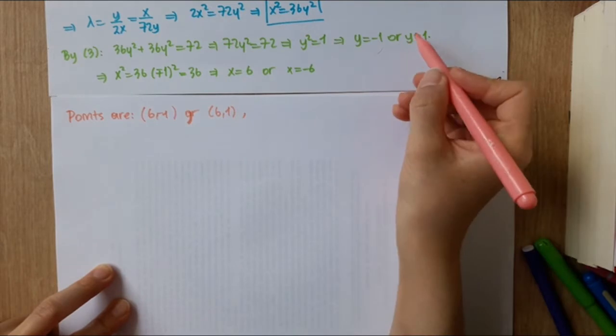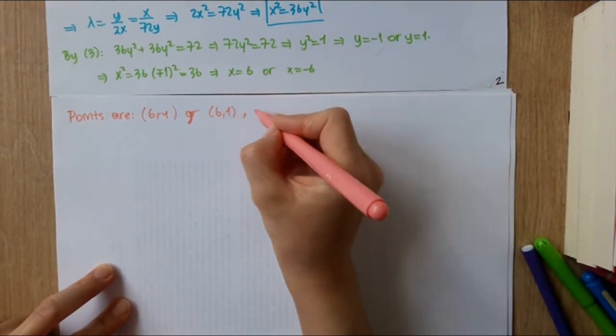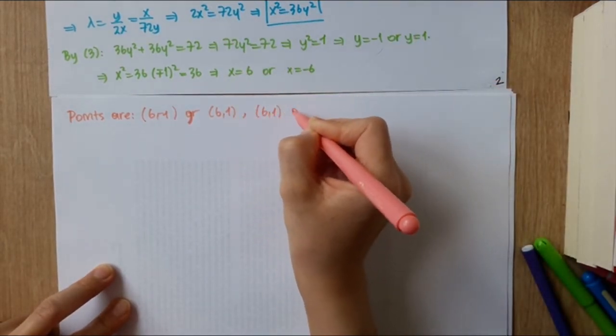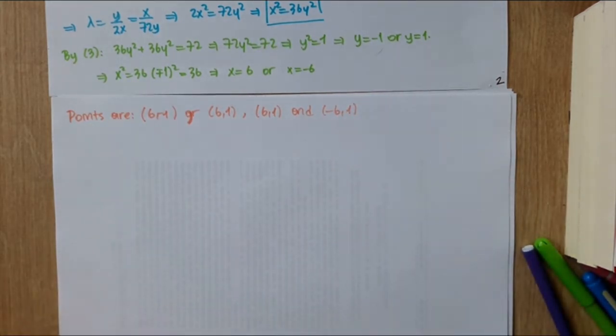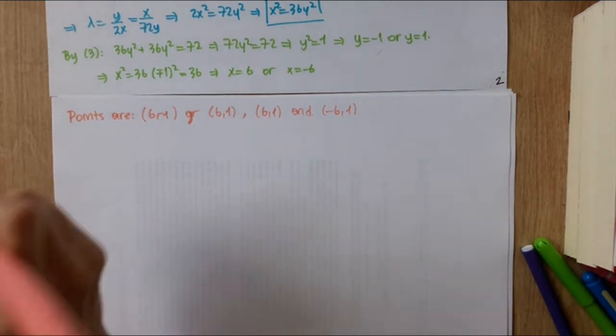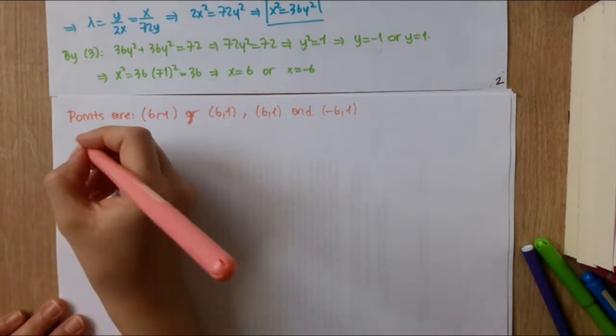And also when y is 1, again we have 2 possibilities, 6, 1 or minus 6, 1. So we have 4 different possibilities. To decide what is the maximum or minimum, I will just substitute these points into my function, the multiplication function, and decide the maximum value.